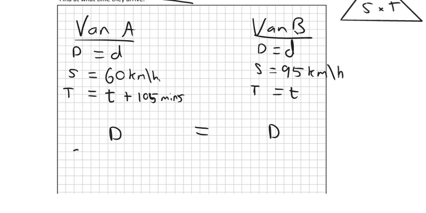So for this one, 60 multiplied by T plus 105. Actually, I just noticed I've given those two things in different units, so I might just call that 1.45 instead.